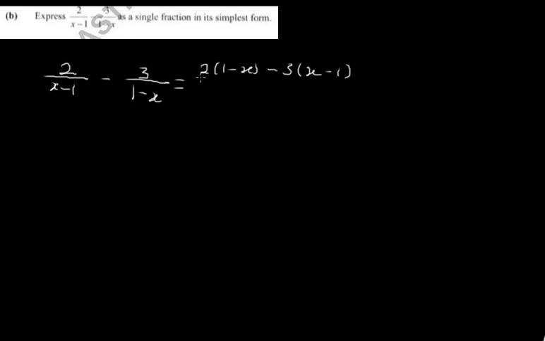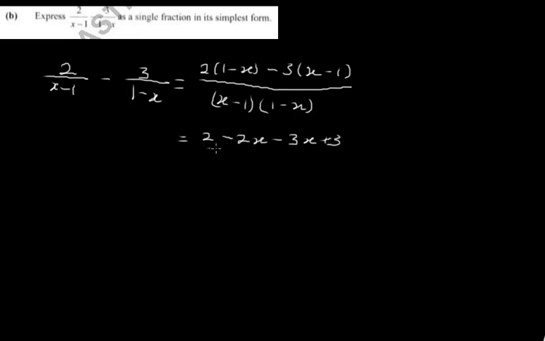And this is all over the product of these two, which is x minus 1 multiplied by 1 minus x, right? And we're going to have 2 minus 2x minus 3x plus 3 over x minus 1 multiplied by 1 minus x.